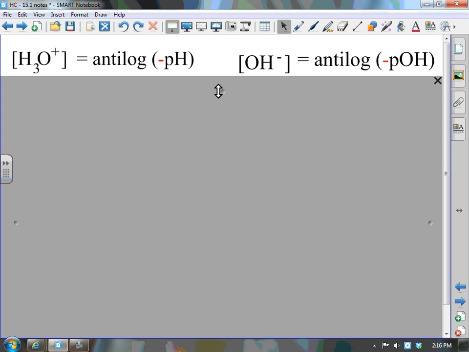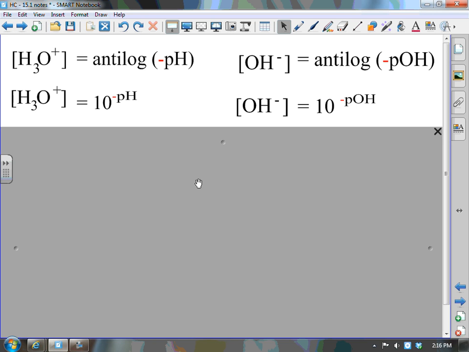Now this is real simple. The antilog is just the 10^x key on your calculator. You've got the LOG button, and then you've got the 10^x, which is the second function. So if we want to find the concentration of H3O or OH, we just take the antilog of those pH or pOH values.